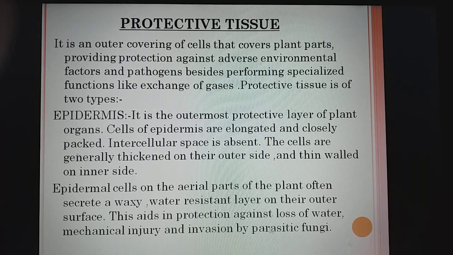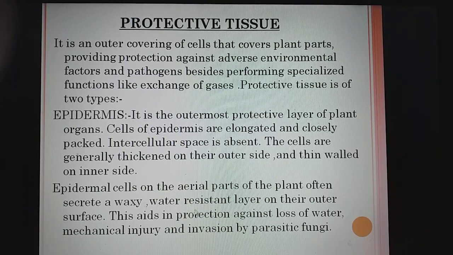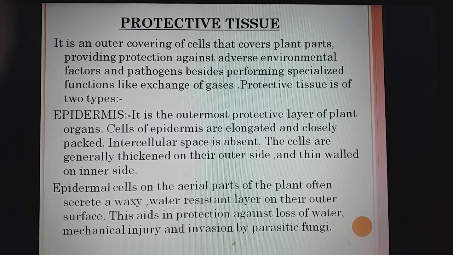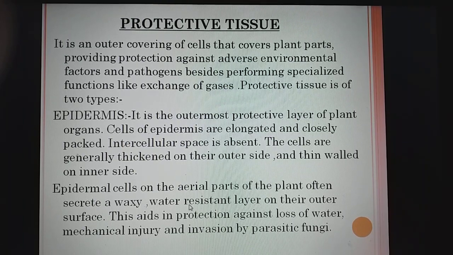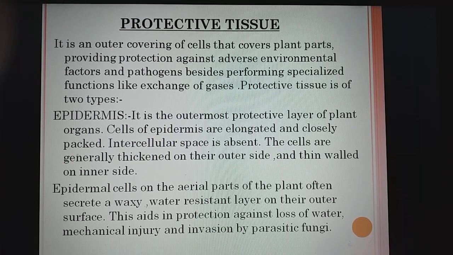Next, epidermal cells on the aerial part of the plant often secrete a waxy water resistant layer on their outer surface. This adds protection against loss of water, mechanical injury and invasion by parasitic fungus. Aerial means the part which we see, not the root, the other part besides the root.